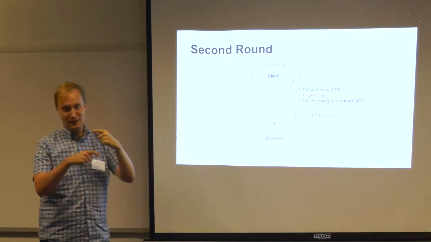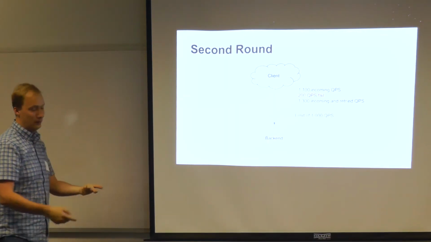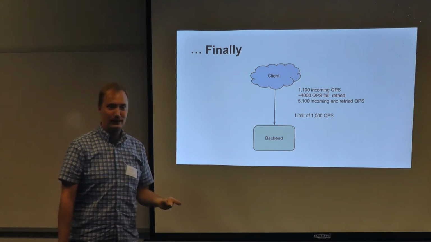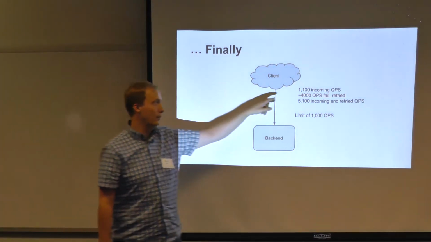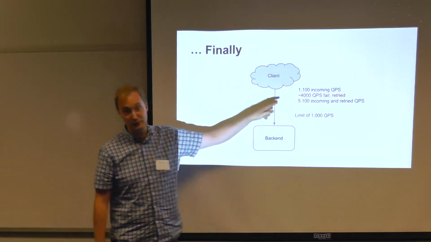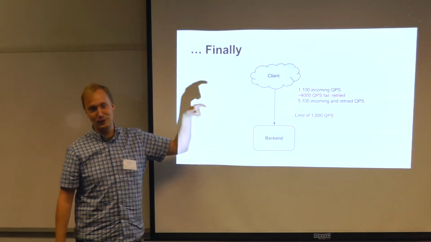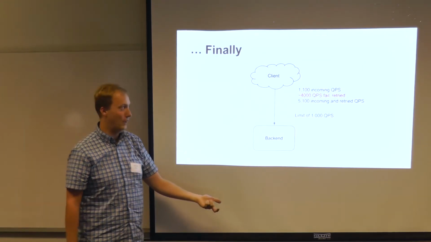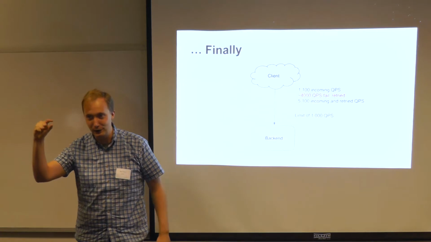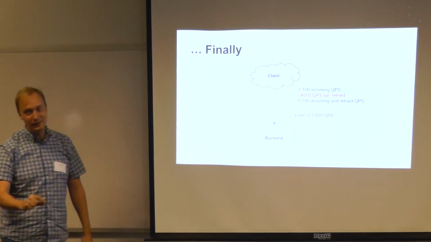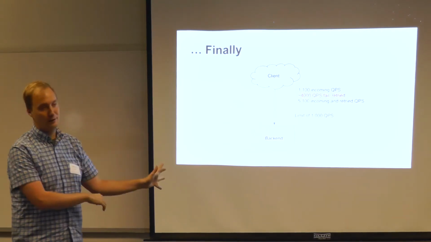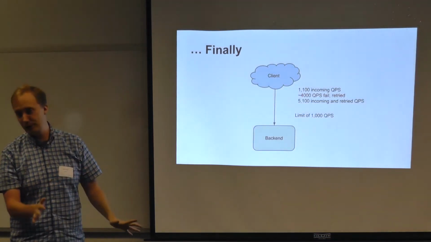And it converges to the point where you're really issuing 5,100 QPS, right? You're only sending 1,100 client QPS, but with the retries, you're actually issuing 5,100 QPS. So your query load has increased by a factor of 5, even though you're only 100 QPS, only 10% over your limit, right? And this is assuming that the cost of rejecting the request is 0. It gets much worse if it isn't 0.